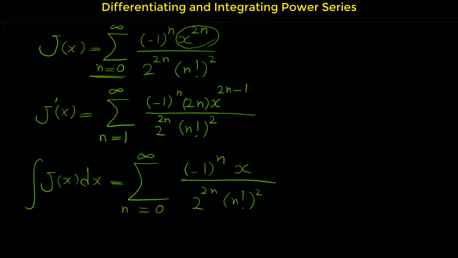The integral of x to the 2n is x to the 2n plus 1. We add to the power, and we put the new power in denominator. This is the integral of this power series.